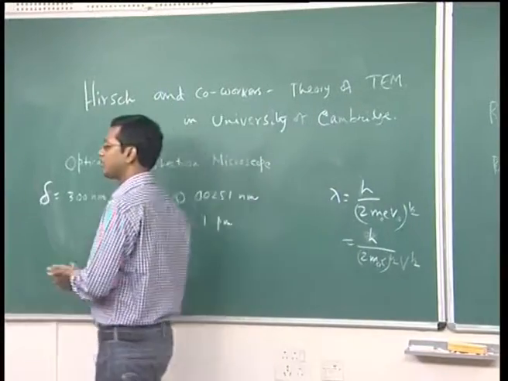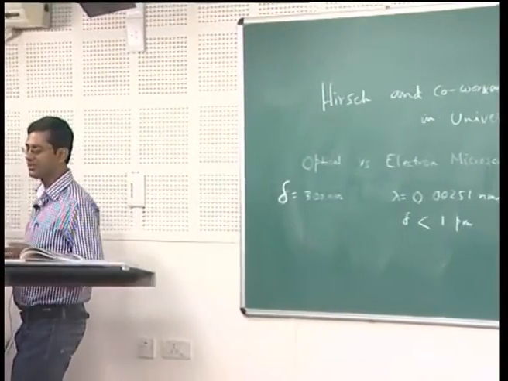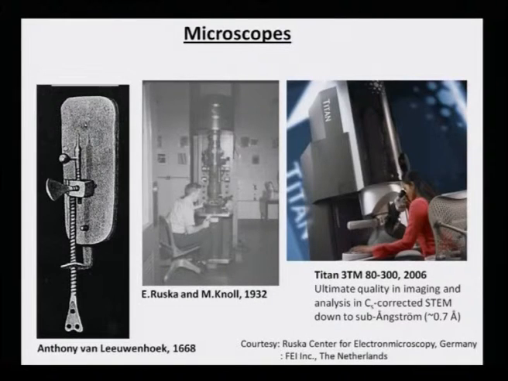Let me just show you a few of these features. This particular slide shows you how the microscope has developed from 1668 by Leeuwenhoek to 2006 by FEI, a company which has manufactured the best possible resolution transmission electron microscope.